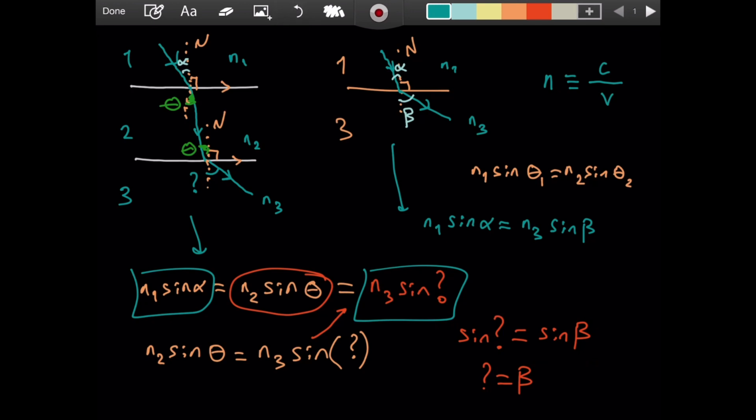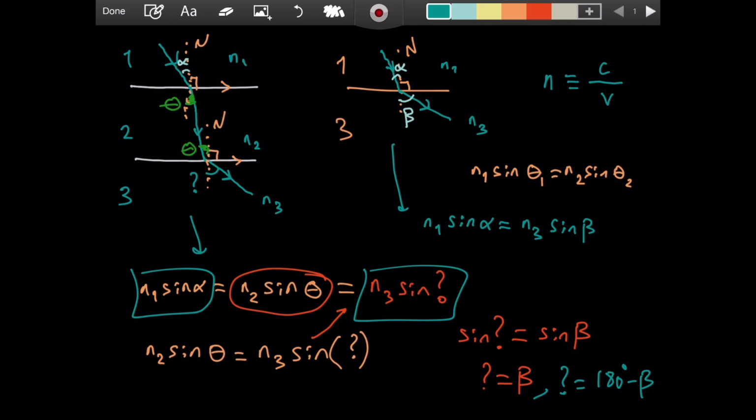That is, if sine of question mark is equal to sine of beta, question mark is equal to beta. We already said that. But question mark is also equal to, what was it? It is 180 degrees minus beta. However, this doesn't make physical sense in the way we drew it.